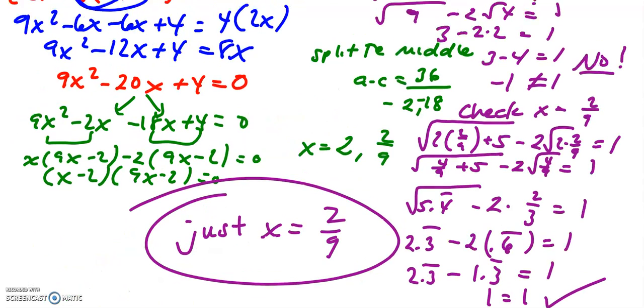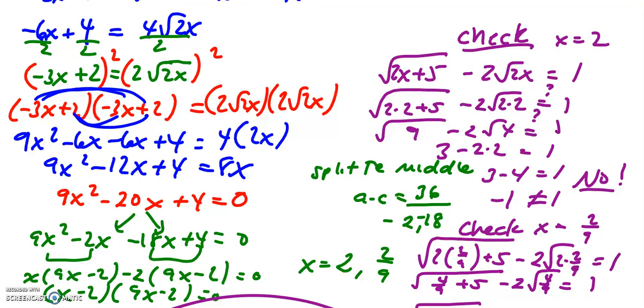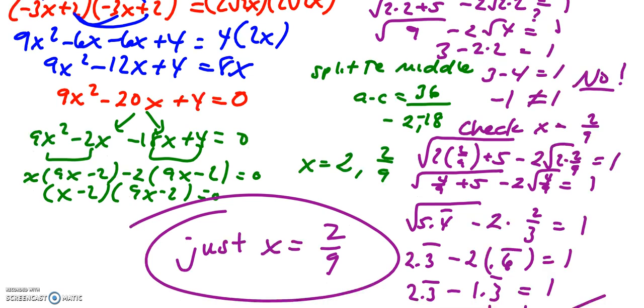All right, so to check back in with you guys, when I checked both answers, I actually ended up getting x equals 2 did not work. When I plugged 2 back in for x, I ended up getting that negative 1 equals 1, which is not true. However, I had used my calculator for this one just to make sure.